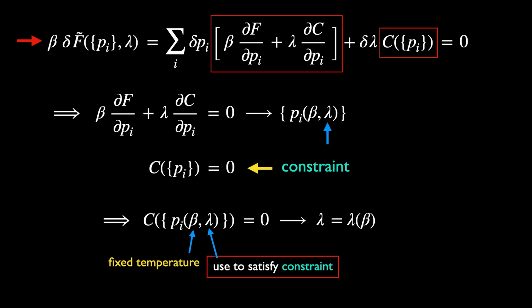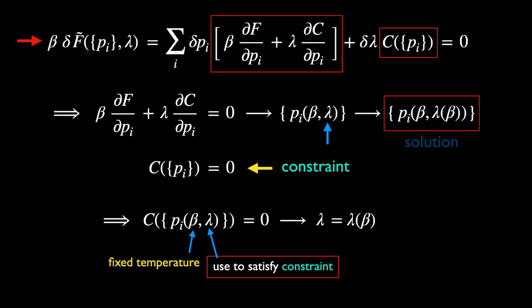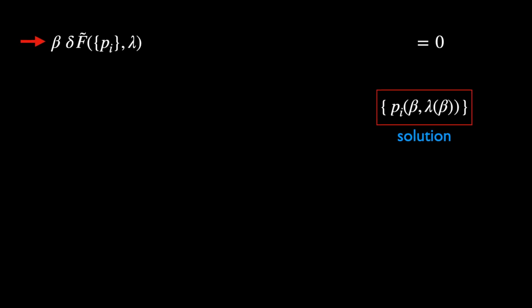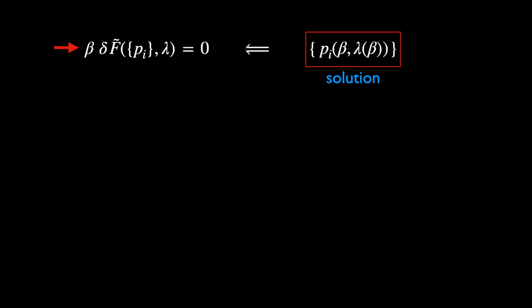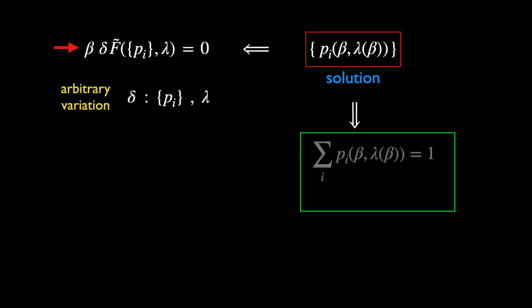When this is substituted into the pi's above, we would then have the solution to all the equations. We now show that this is in fact also the solution to our original problem. The key point to note is that this solution is normalized for any value of beta.